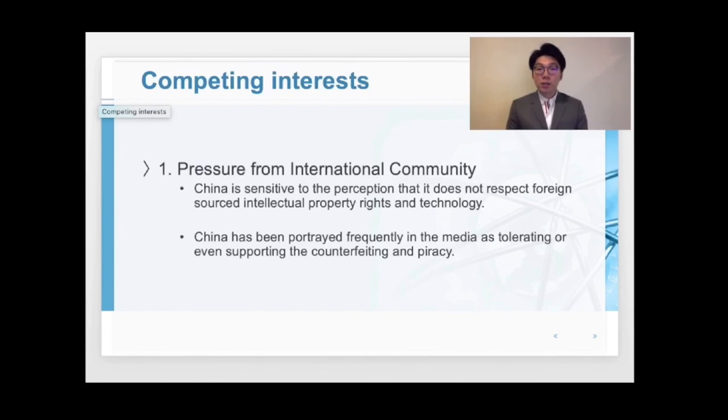China is sensitive to the perception that it does not respect foreign intellectual property and technology. Also, China has been portrayed frequently in the media as tolerating or even supporting counterfeiting or piracy. To counter this perception, China may feel pressure to adopt an exhaustion regime that is comparable to the major trading powers with which China now compares itself.